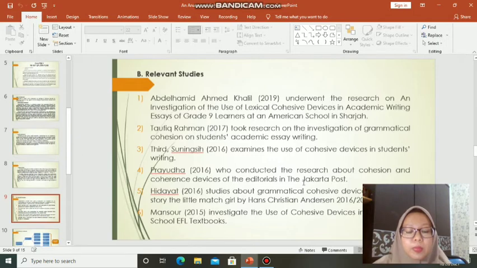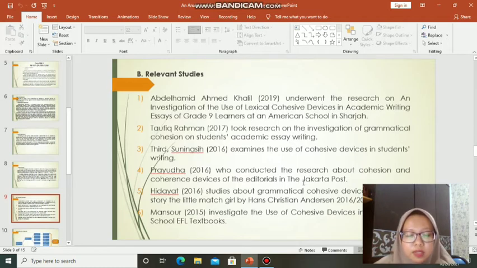So to sum up, based on the previous research as described, it shows that many studies on cohesive devices have been conducted in various contexts, such as in students' writing, cohesive devices of the editorials in newspapers like the Jakarta Post, lexical cohesion in textbooks, and analysis of cohesion in short stories. So, this research will explore the academic essay writing made by students of the English Education Department.